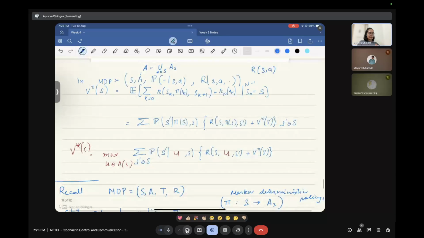Now, just like we had a value function in stochastic control, we have a value function here also. This value function is denoted as follows. Okay, let me rewrite this. This has gotten quite messy.